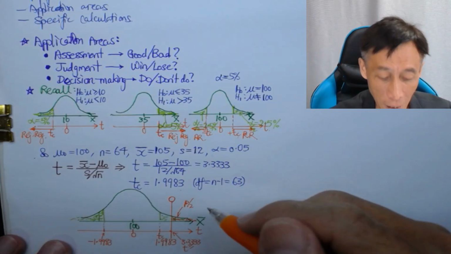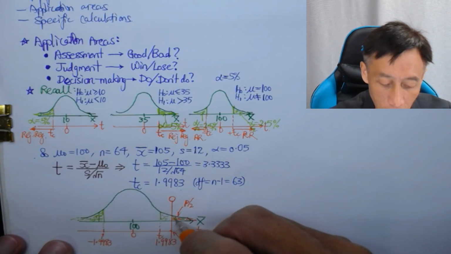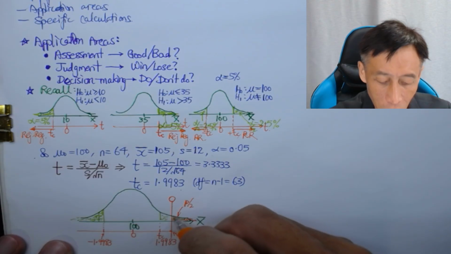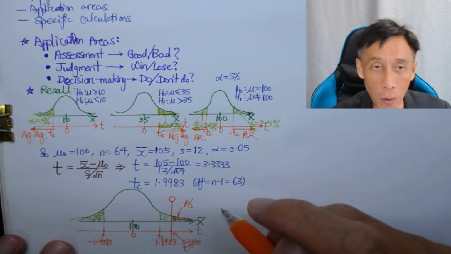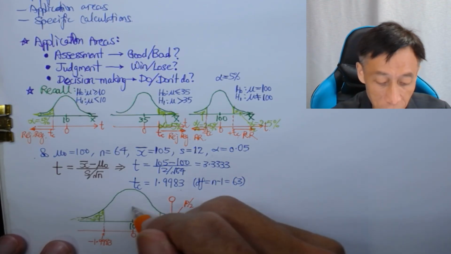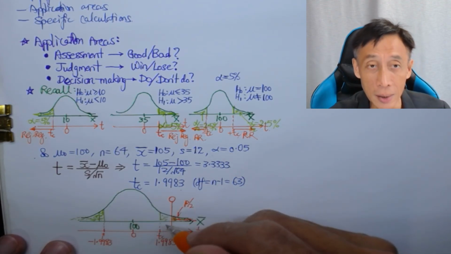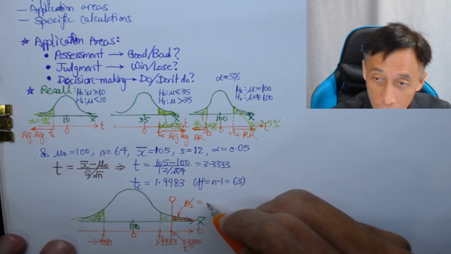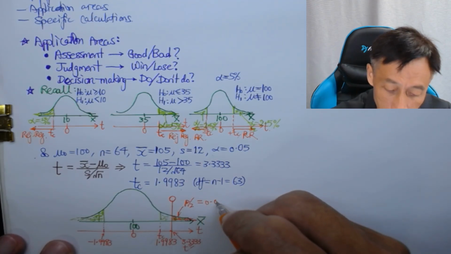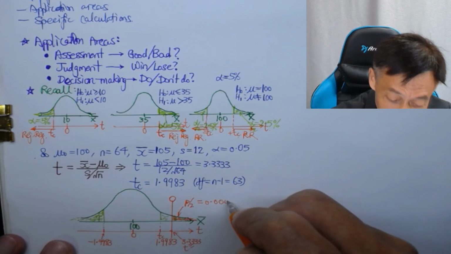If you use the t.dist in Excel or pt in R, or CDF, or 1 minus CDF, CDF is on the left side, in SciPy stats in Python, you should be able to find that this half p-value is 0.00072.